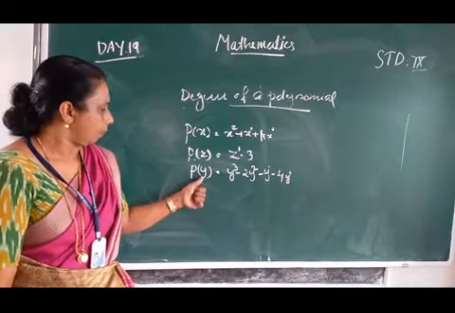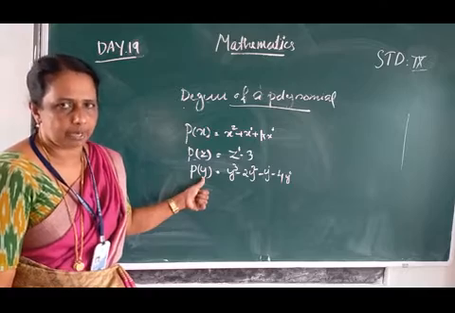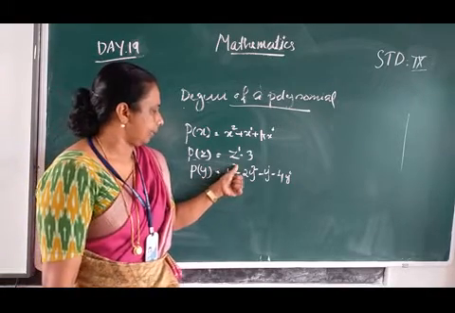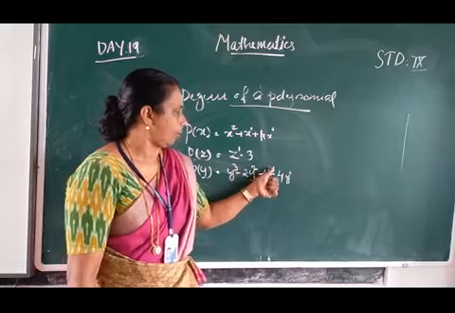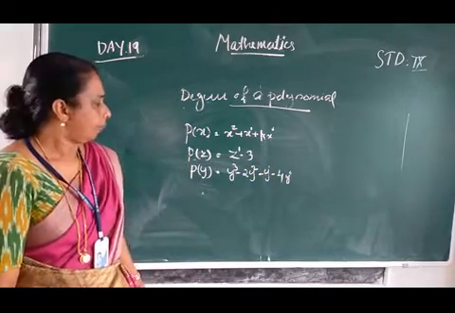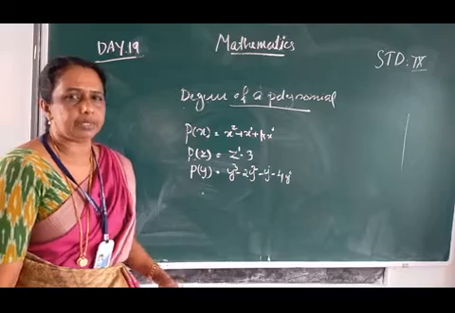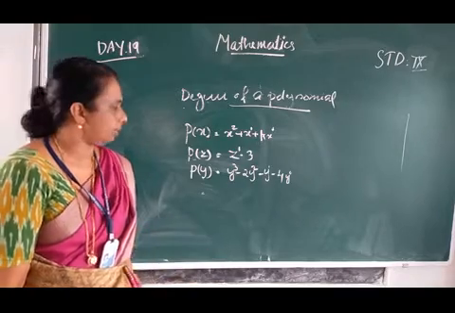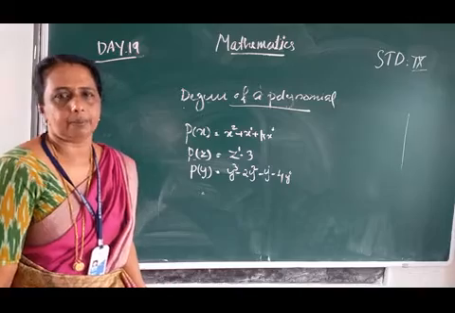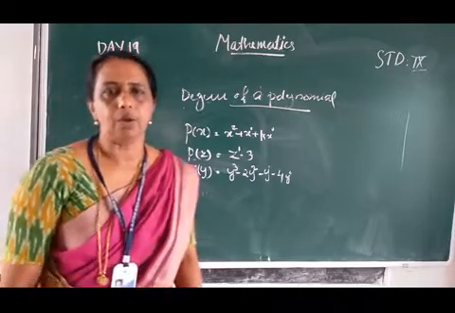This is a polynomial in the variable y. The power of the first term is 3, here 2, here 1, here 0. Therefore, the highest power of this polynomial is 3. Therefore, the degree of this polynomial is 3. That is the degree of the polynomial.